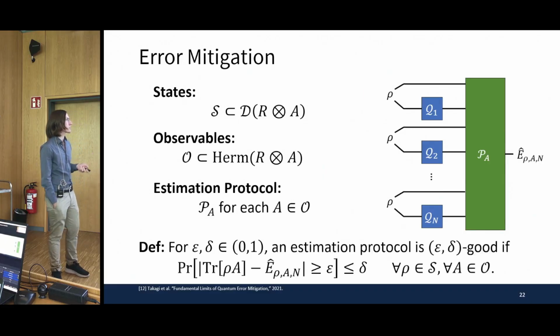So we say an estimation protocol is epsilon-delta good if the distance between the observable and the estimator being further than epsilon happens with low probability, less than delta.